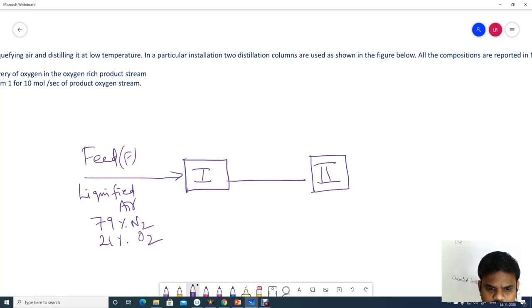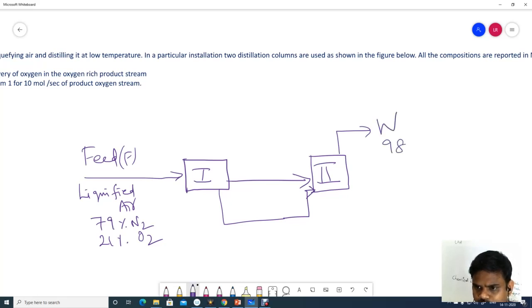Why have I written it? It is given that it is air, so we know the composition of air. It is not given, but we know what the composition of air is. Okay, so there is a product stream. We have another stream, the W stream.